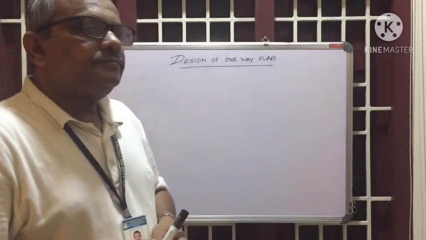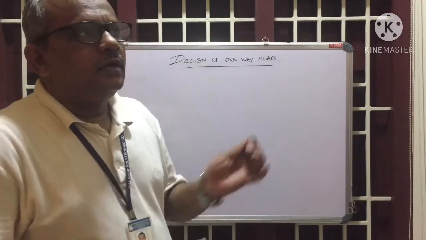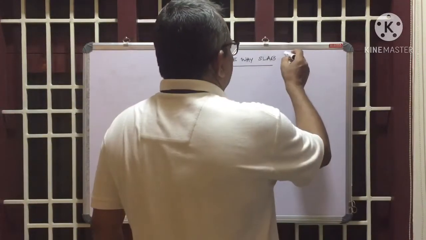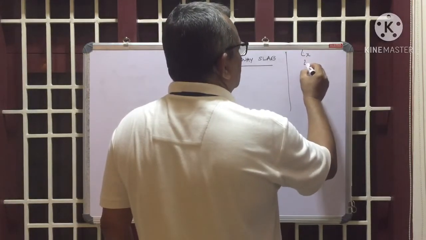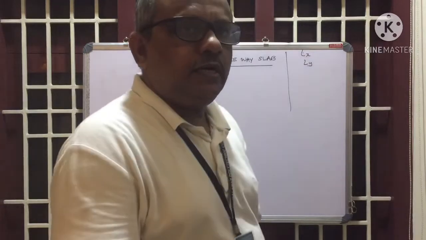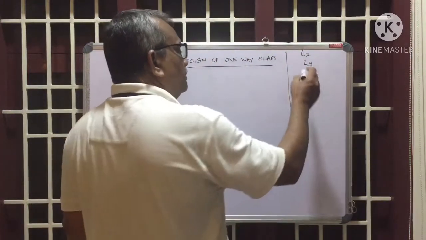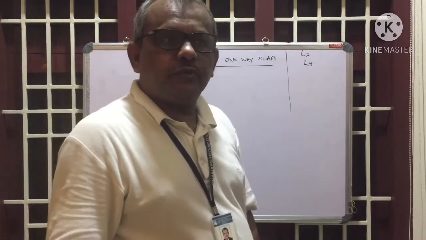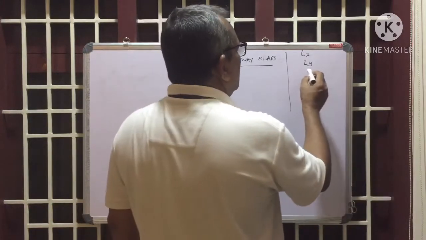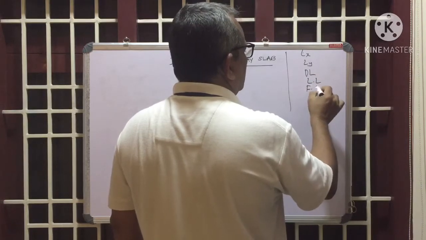Now, to design a slab, whether it is one-way or two-way slab, what are the data known to you? Number one, Lx, Ly. Lx and Ly are the shorter and longer dimensions or spans. Then the loads will be given. The loads include dead load, live load and floor finish if any.